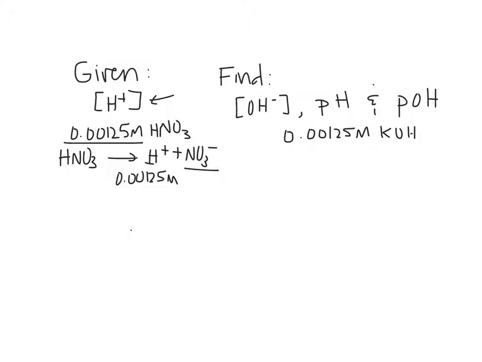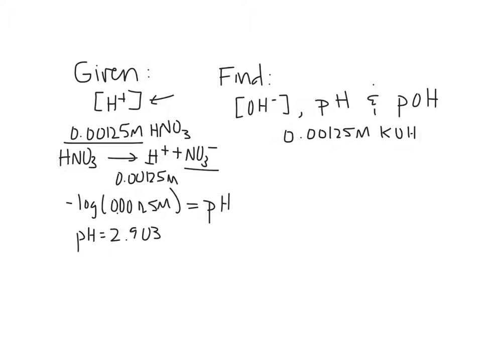This is my method. Since I have hydrogen concentration, the easiest thing to find is pH. So that's going to be the negative log of our 0.0125 molar, which will give me a pH of 2.903.